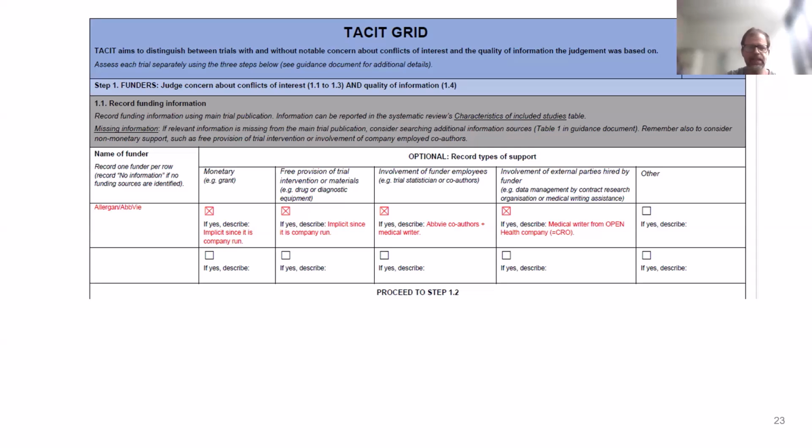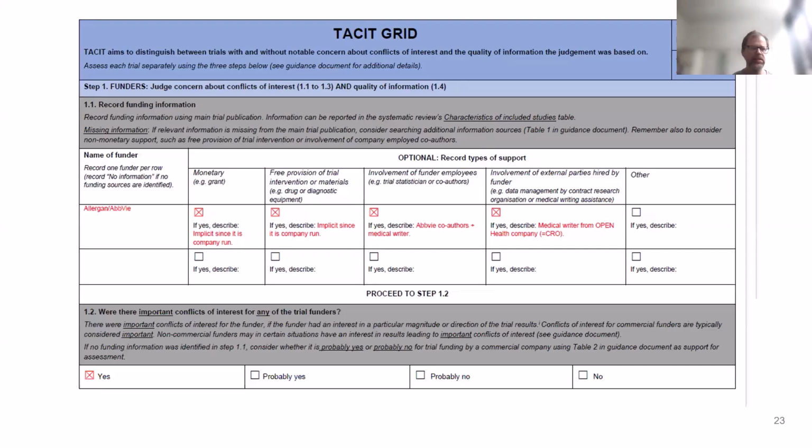And this information is actually already collected as part of a typical Cochrane review. So this is just a way to process the information. It's not any kind of extra work for review authors, because in reality they already collect this information. Based on this information, you then have to assess whether you think these conflicts of interest are important.